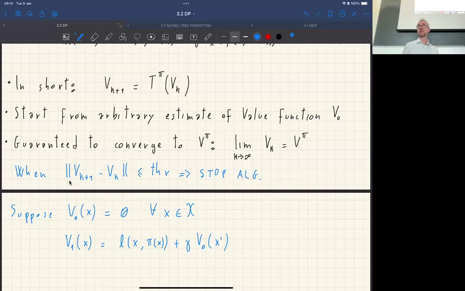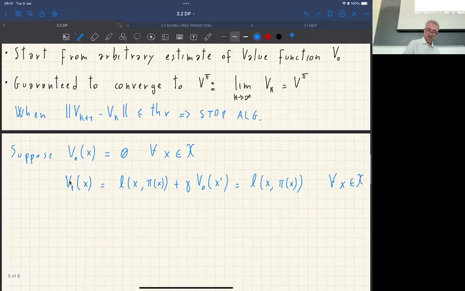But v0, we said, is going to be 0, which is our initial guess. So this is simply the cost for every state. So after you have done one iteration of this algorithm, your estimate of the value function is simply the cost associated to that state applying policy pi.